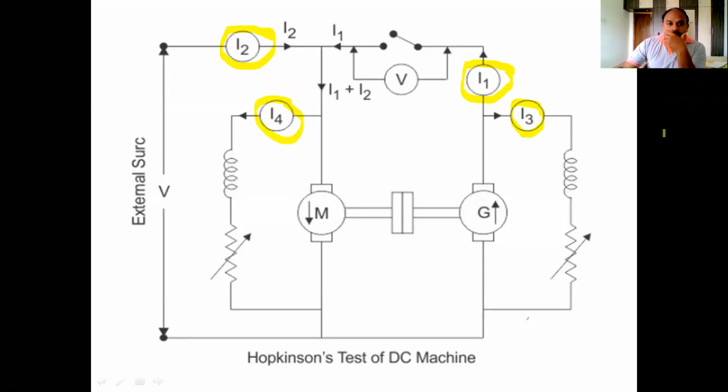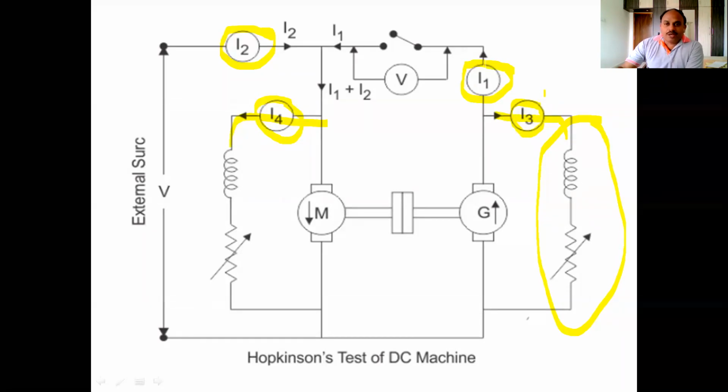We have 2 ammeters at 2 field circuits. This is the field circuit of the generator, so this ammeter measures the field current of the generator circuit. This ammeter measures the field current of the motor circuit.